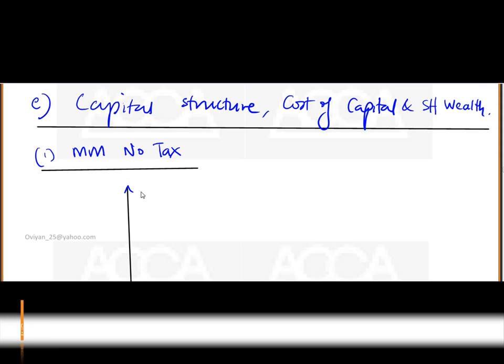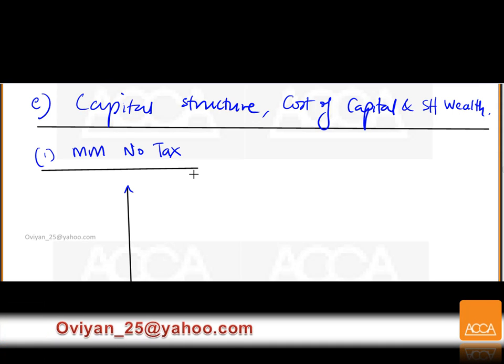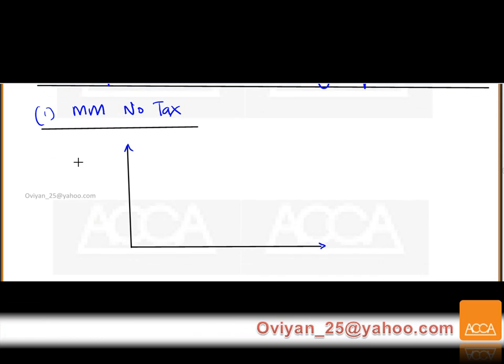The first theory that I want to talk about here is the Modigliani and Miller no tax proposition, 1958. In this proposition, Modigliani and Miller assumed that we lived in a no tax world.